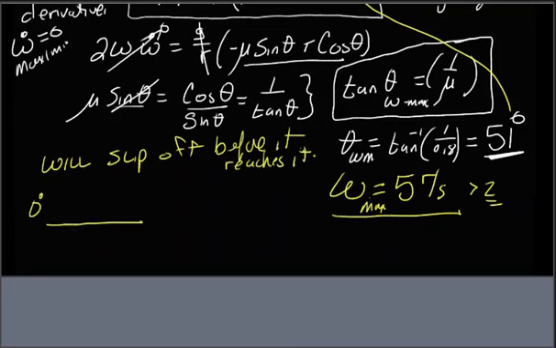If we look at the 0 degree case, we have mg down, Fn up. Again, no acceleration in the theta direction, so these are equal to each other. So this will be mu Fn.